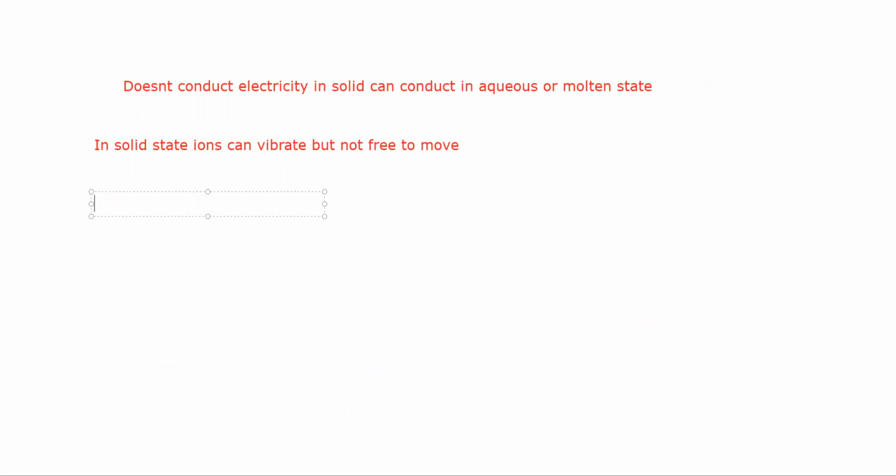But in molten or aqueous, molten here refers to melted form, ions are free to move, so it can conduct electricity.